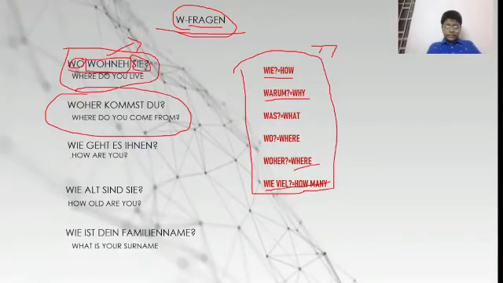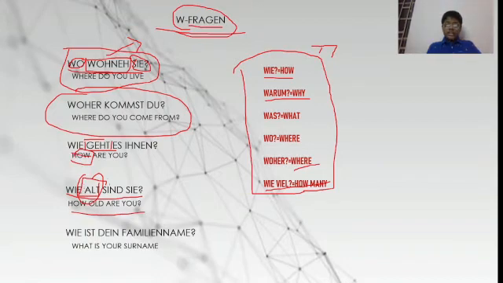In this sentence, wie geht es Ihnen means how are you. You see, geht is the verb, and as the verb is always in the second position, it is in the second position. Then is wie alt sind Sie, which means how old are you. So in this question, there is an exception that here the subject is in the second position.